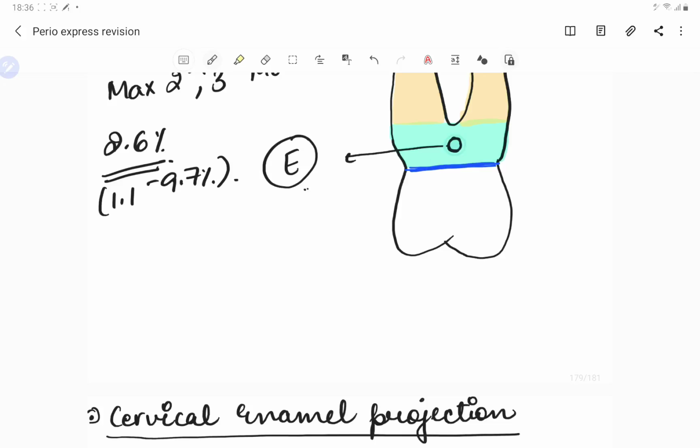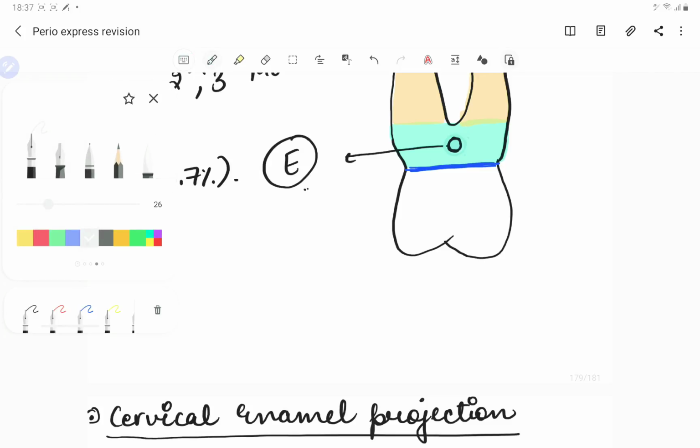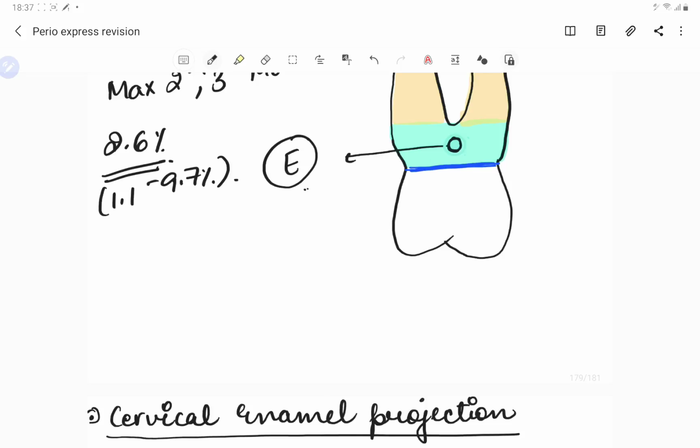So plaque starts accumulating there, and therefore periodontal disease. This is why I told you that enamel pearl and cervical enamel projection play a very important role in furcation involvement. Since the enamel is present on the root, and we know that the periodontal ligament is never attached to the enamel, there will be no attachment, and we see rapid bone loss over time.